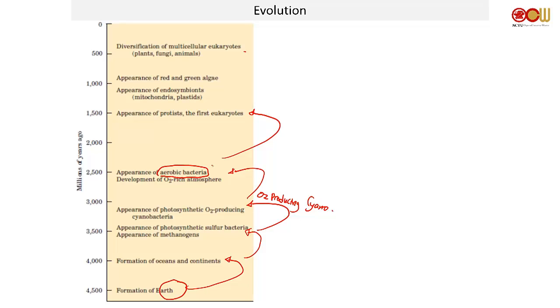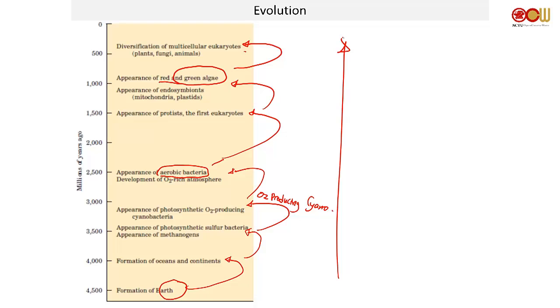Somehow they decided to be best friends and live together, and you got mitochondria, plants. So you start having algae. After algae, you evolve further to form other eukaryotes like plants, fungi, animals. So that's a little timeline.